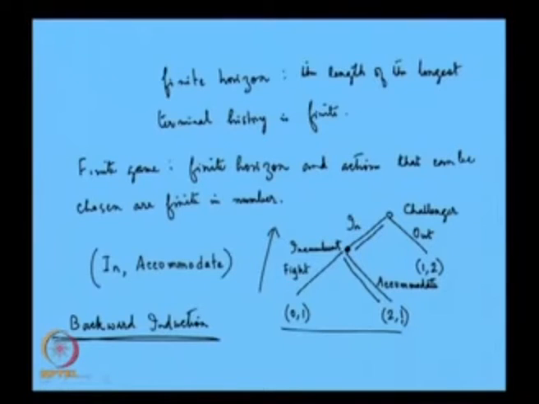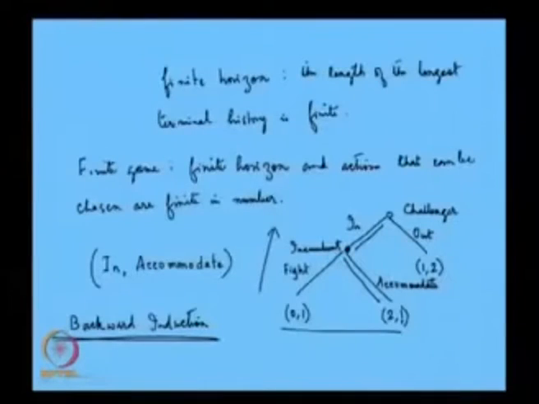Therefore, the challenger will not be able to predict for sure what action the incumbent will take if the challenger gets in. So, in this case, backward induction does not have that predictive power. Here backward induction fails to an extent.